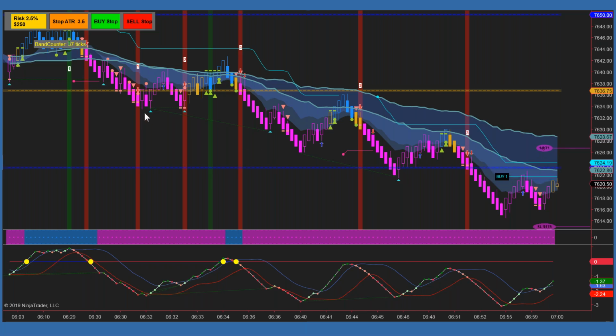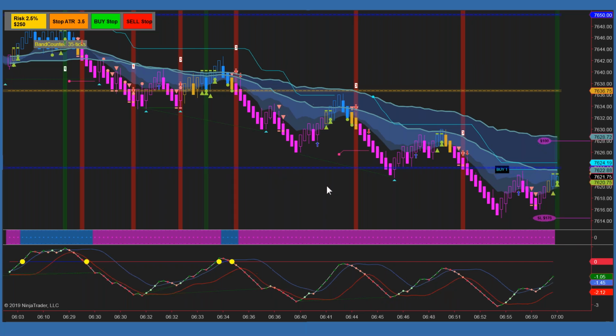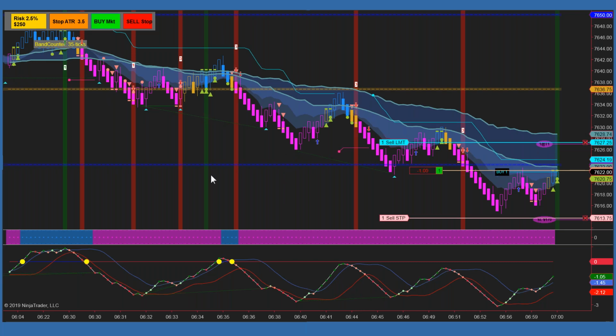As I mentioned before, it does seem to me as though maybe the momentum is waning a little bit. There it is. All right, so I'm going to buy it up and see if we can't get a little bit of an uptick here now.